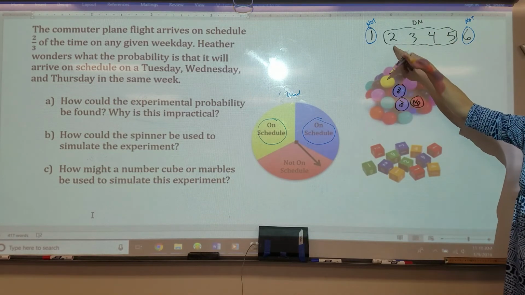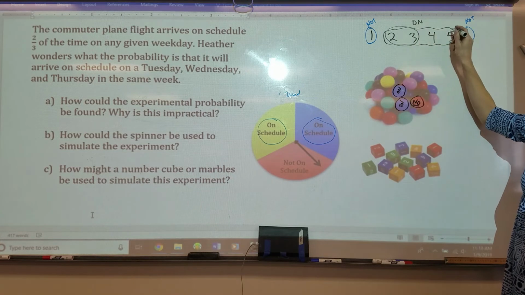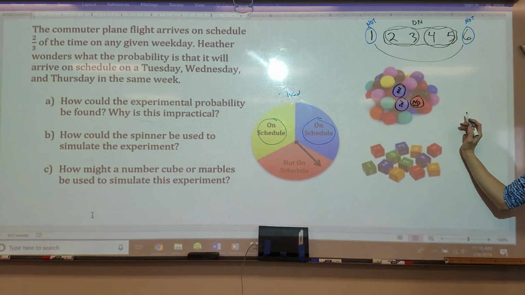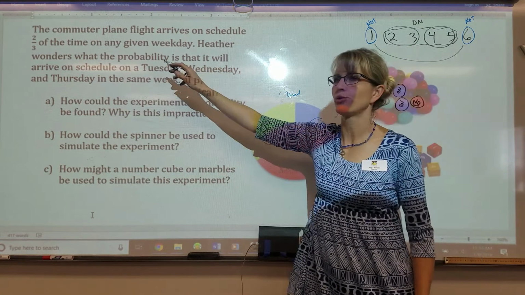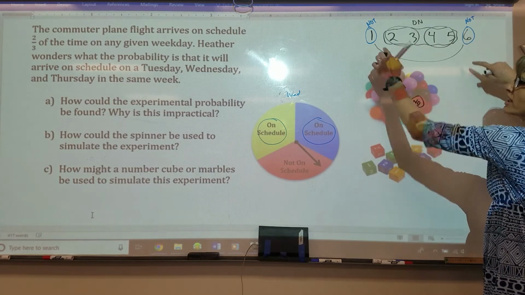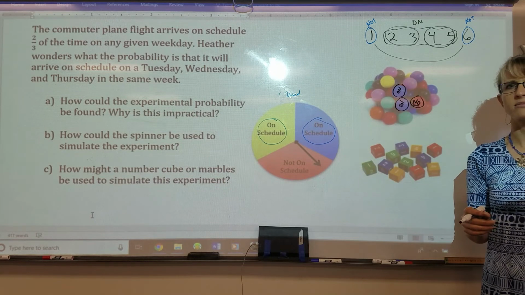So you're saying this would be kind of like an on-time pair. This is an on-time pair, and this is the late or early pair. So I still have the ratio 2 to 3, right? Twice as many as my late planes or early planes. That makes sense? Give me a nod if that makes sense.